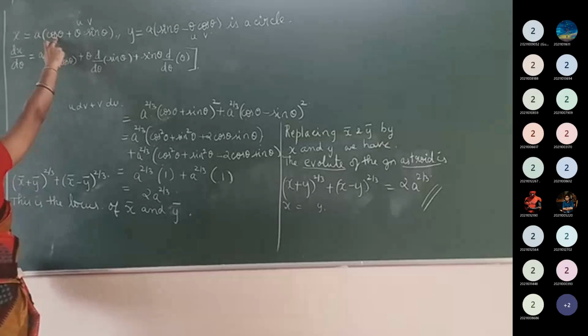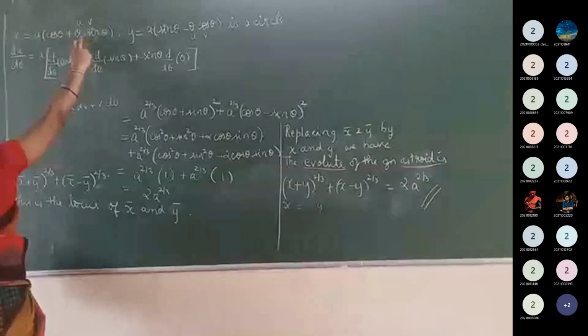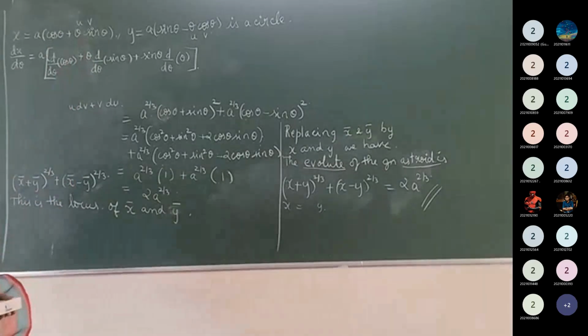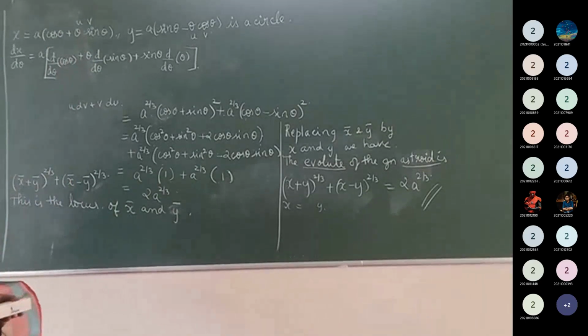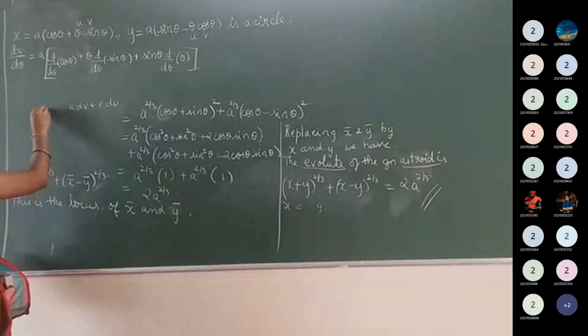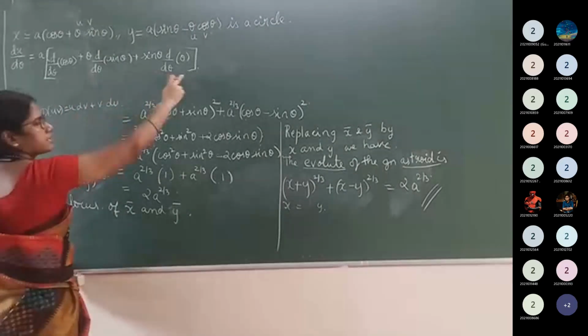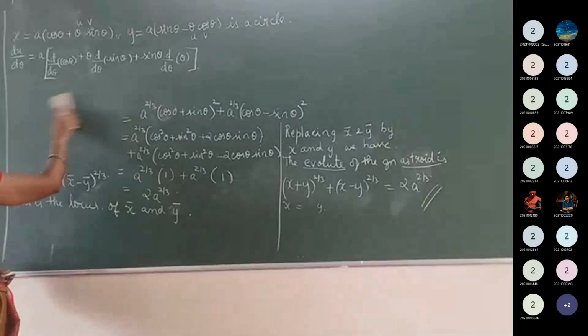Here you have cos theta, so I can differentiate this directly. But theta into sin theta is in d of uv form, so apply this formula. Then tell me the values now.